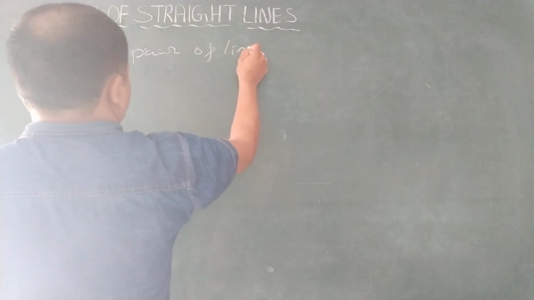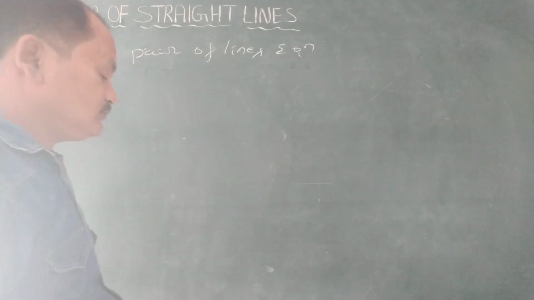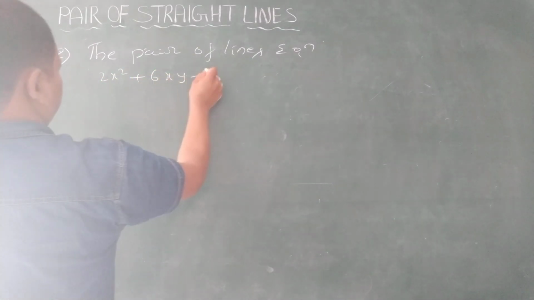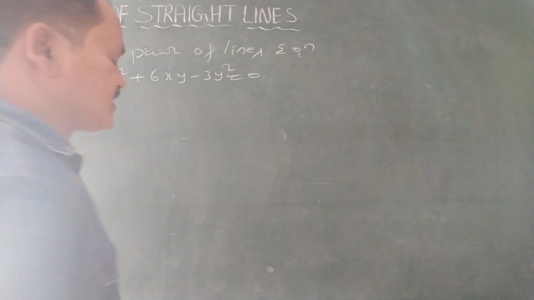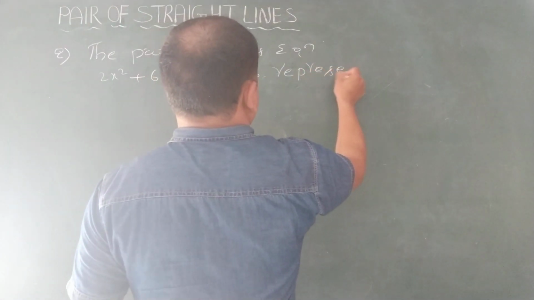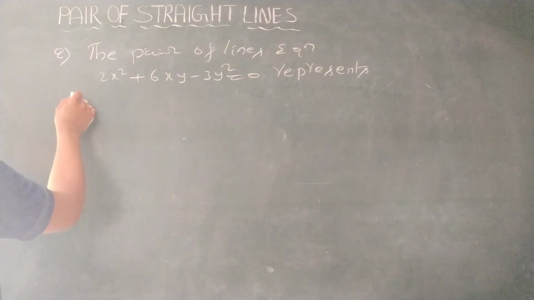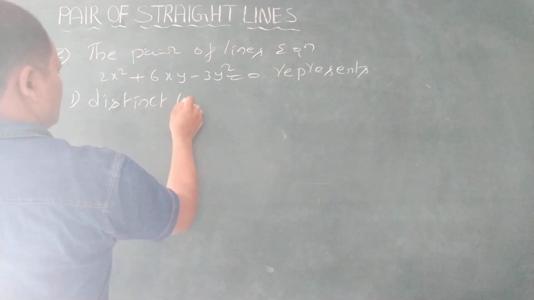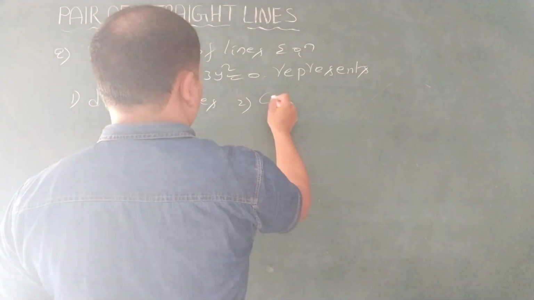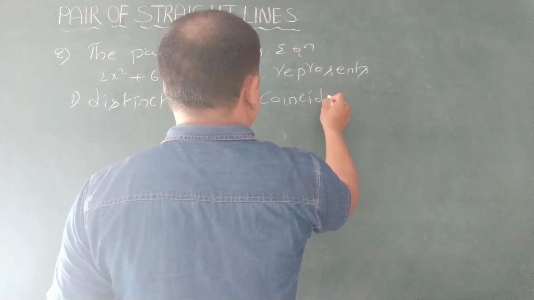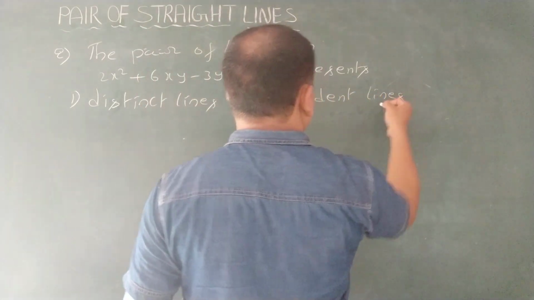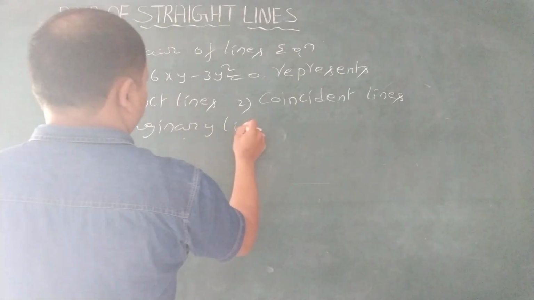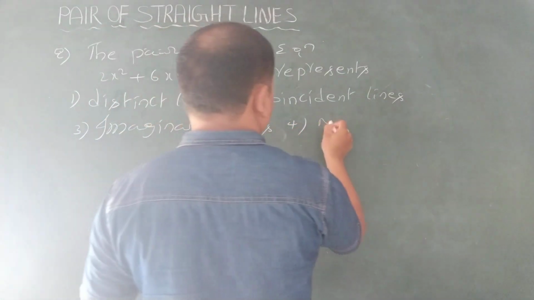The pair of lines equation 2x square plus 6xy minus 3y square is equal to 0 represents: first option, distinct lines; second option, coincident lines; third option, imaginary lines; and fourth option, none of these.